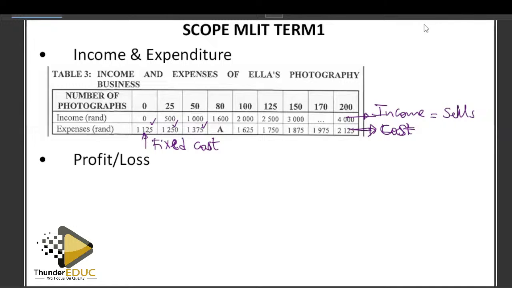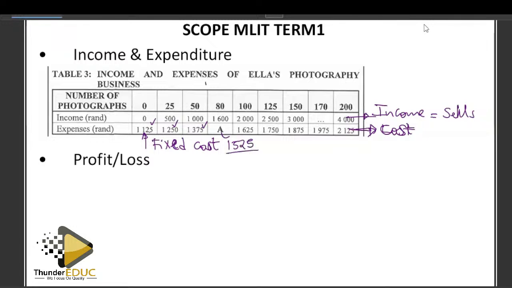At 80 we have, let me see, 1125 plus 5 times 50, we have that much. At this value it is 152.